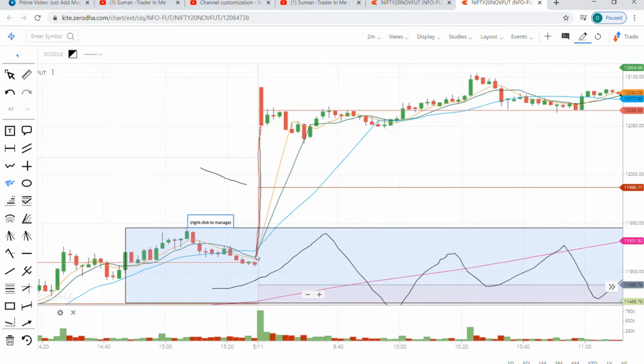Actually, the candle opened here but closed here, right? This is the red portion, but this entire thing becomes the green portion. Which one is more, the green or the red? The green is much bigger, right? And the red one is very small, right? So this is a bullish candle.